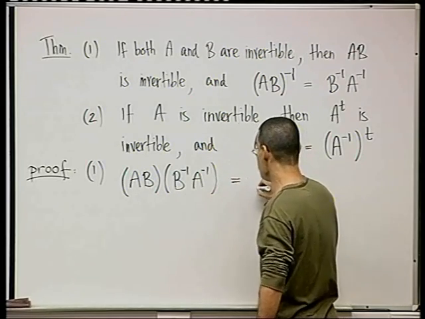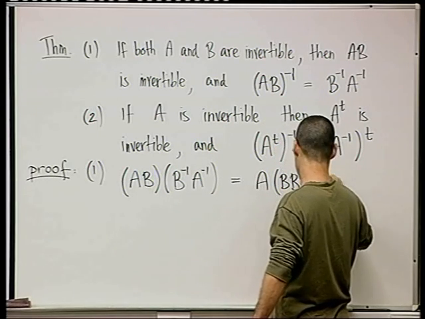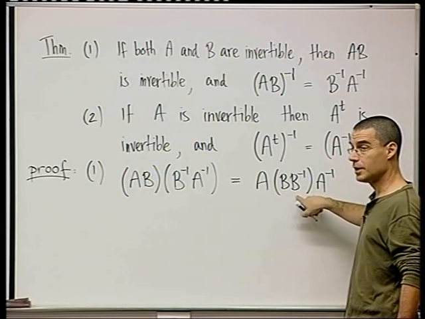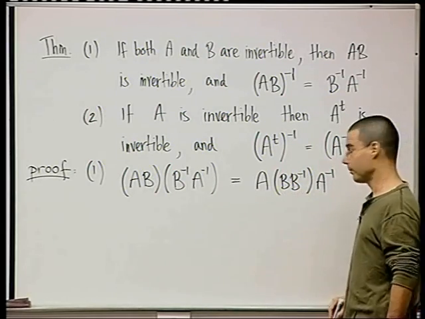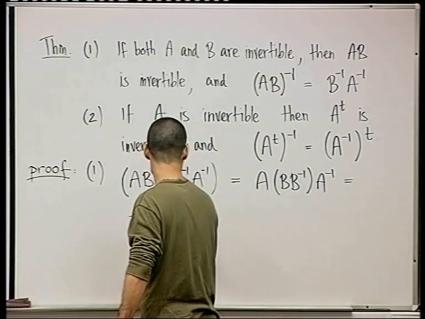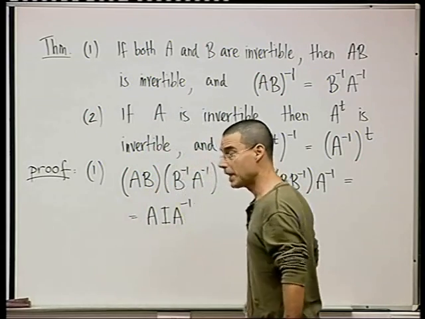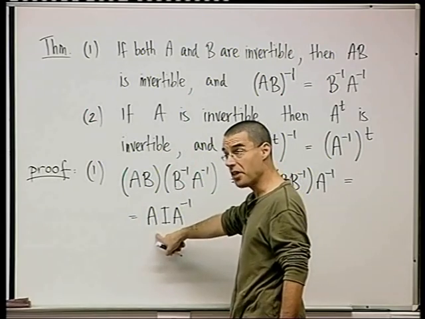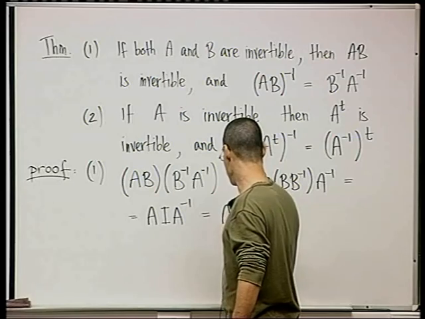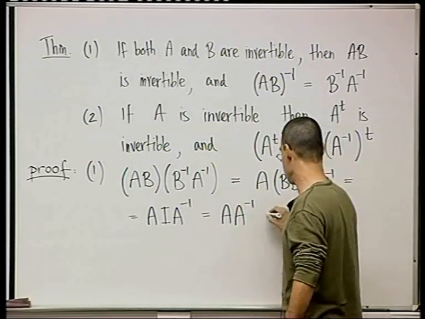So this can be rewritten as A, B, B inverse, A inverse. What is B times B inverse? I, because B is invertible. So this equals A I A inverse. Multiplying by I is like doing nothing, right? I is the identity matrix. So this is A A inverse. And what is A times A inverse? I.